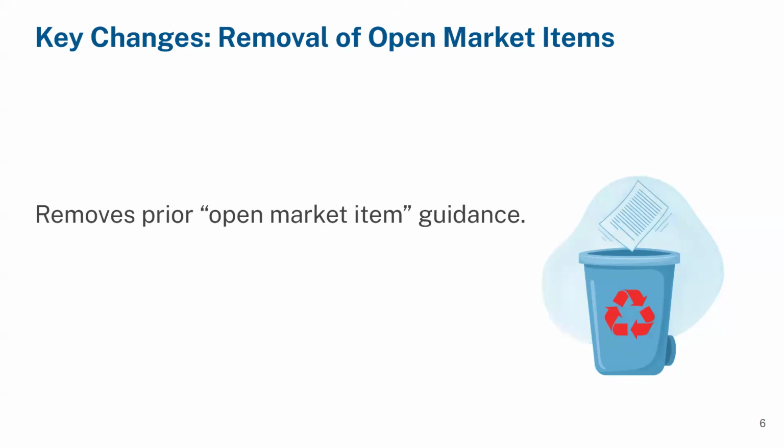It also maintains the CTA flexibility. So the idea is that open market items should almost never be necessary. The guidance does acknowledge that in rare instances, a purchasing agency may need to purchase an open market item in conjunction with a MAS order or a BPA. But again, this is really moving away from that concept, hoping the new flexibilities would eliminate a lot of the need for that.